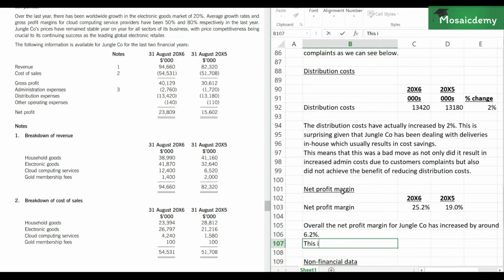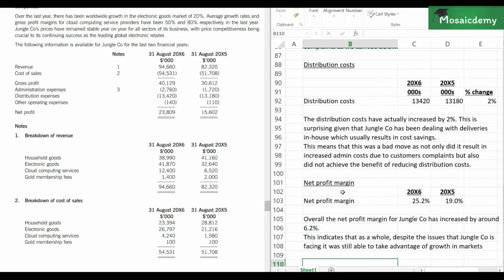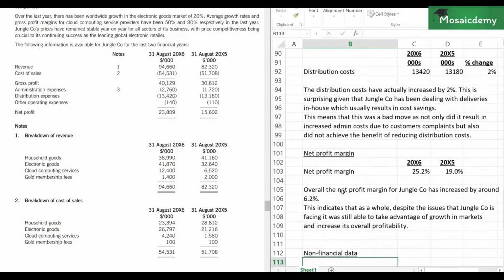This indicates that as a whole, despite the issues that Jungle Co is facing, it was still able to take advantage of growth in markets and increase its overall profitability. Right, so that works as a good summary or conclusion point for it, right?